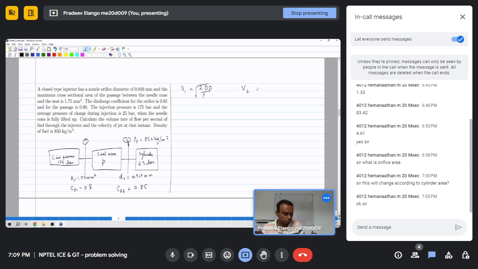Similarly, V2 is root of 2 into P injector minus P by rho. This is root of 2 into P minus P cylinder by rho. Now M1 is CD1 into rho A1 V1. Similarly, M2 is CD2 into rho A2 V2.